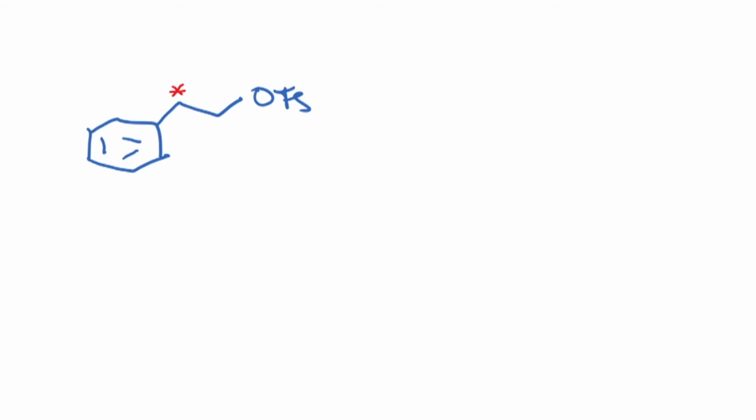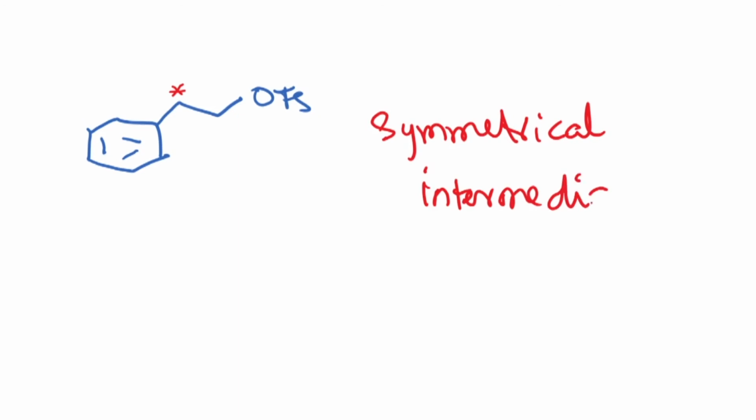That's why you're getting a 50% yield. And so it is possible that you have a symmetrical intermediate that is produced. Okay, so when you get an equal amount of two products being formed, you can suggest that there would be a symmetrical intermediate.